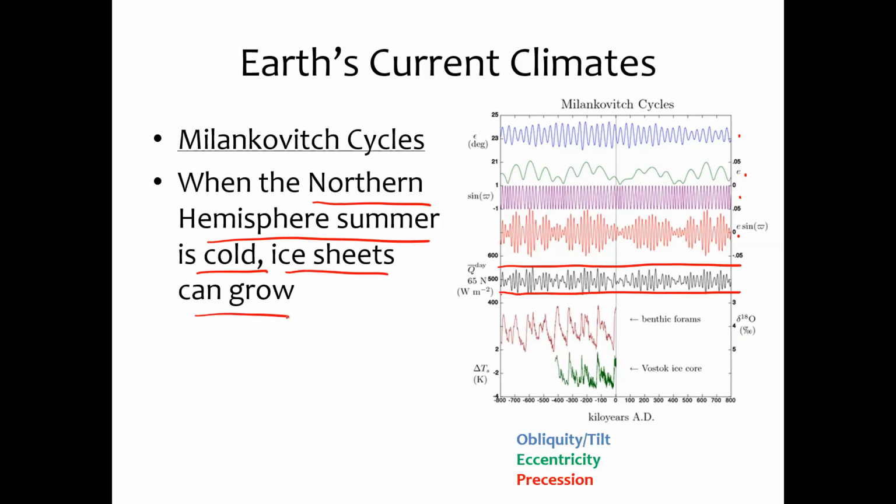There ends up being what we will call a feedback, and we can discuss what that means a little later, where as an ice sheet grows, it can reflect more and more sunlight because ice sheets are fairly bright in color. As a result, it gets even cooler. It allows the ice sheet to grow even more, which allows it to get even cooler. So the Milankovitch cycles are really just the little kick that we get to start the warming or cooling that can allow the ice sheets to grow substantially or shrink substantially based on other feedbacks that are going on.